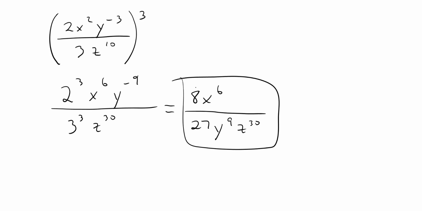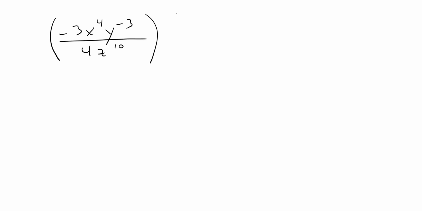Okay, last one, relatively short lesson here, is negative 3 x to the 4th y to the negative 3 over 4z to the 10th, and that's raised to the negative 2 power. Okay? All right.